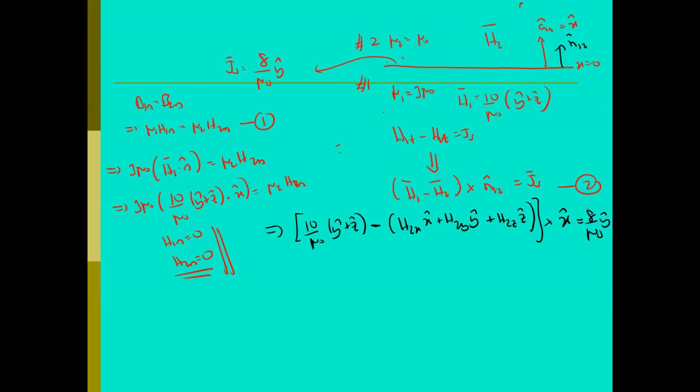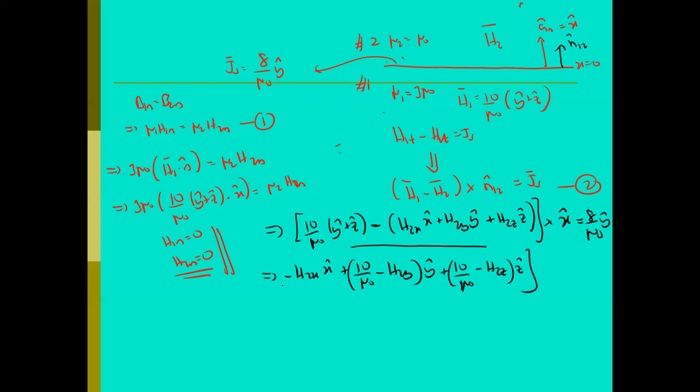Okay, so for this, we're going to proceed with the subtraction of the vectors first, inside the bracket. So we're going to have negative H2x in the x direction, plus 10 over mu naught minus H2y in the y direction, plus 10 over mu naught minus H2z in the z direction.